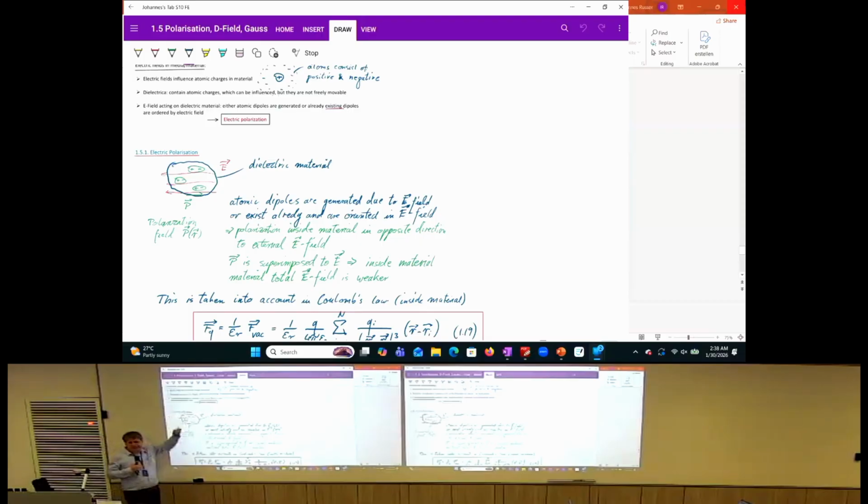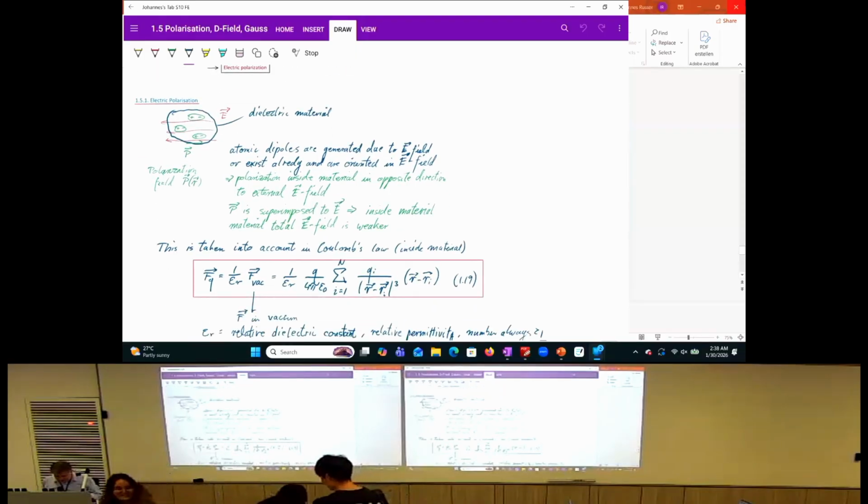But in the presence of the field, depending on the material, they might be able to reorient themselves in such a way that they align with the electric field, but also that they counteract basically the electric field, and the new electric field that is a superposition of this polarization and the original electric field will be reduced.